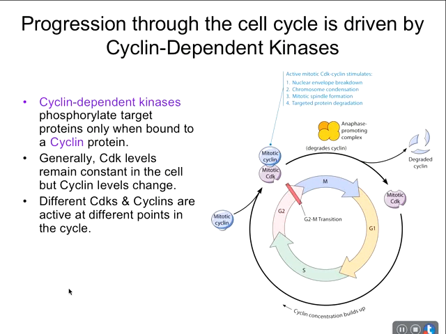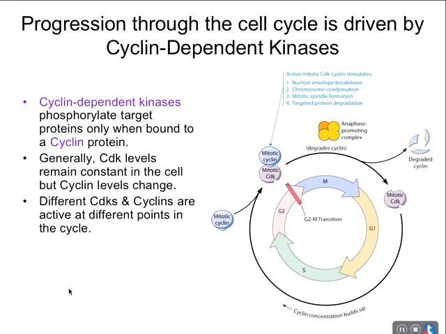It will phosphorylate proteins that start the formation of the spindle needed in mitosis. And various other proteins get degraded that are inhibiting the process. So what I'm trying to get to here is when cyclin and CDK come together, they phosphorylate proteins needed for mitosis. They activate the mitosis process. Mitosis can't happen if these two proteins aren't bound together.